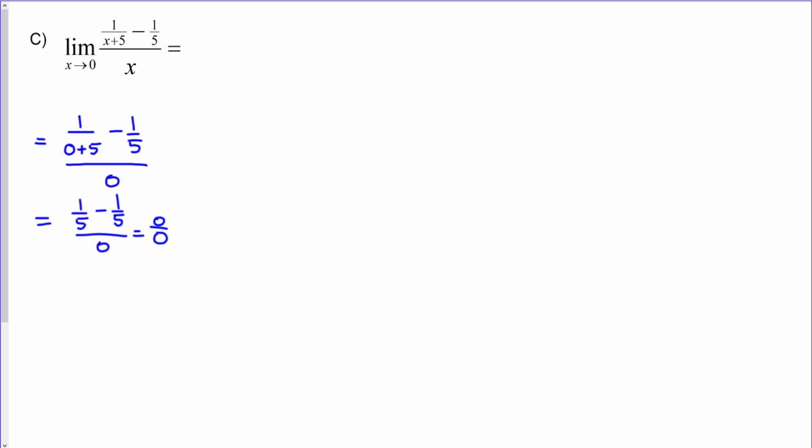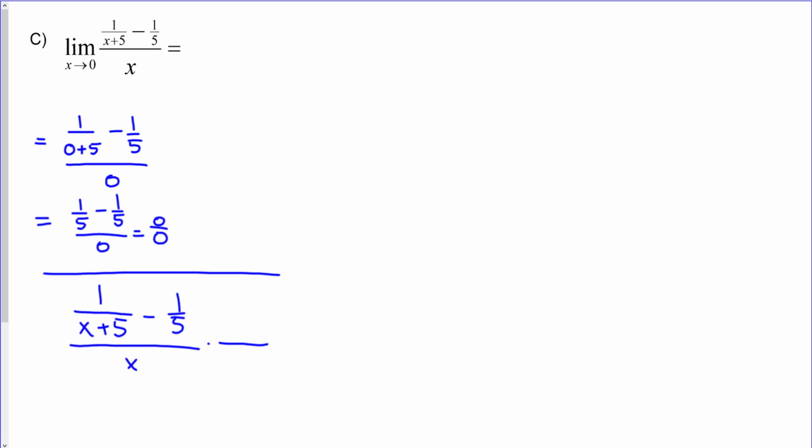And when it comes to fractions, generally what I need to do is something of the form, and let me come down to the bottom here. So 1 over x plus 5 minus 1/5, divided by x. So I need to multiply by something over itself to get rid of these complex fractions.